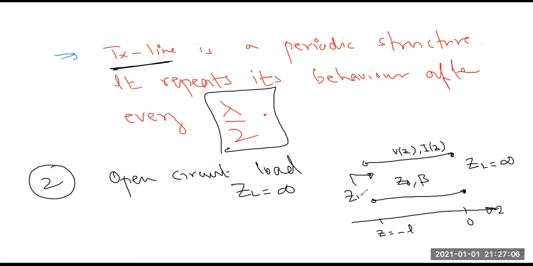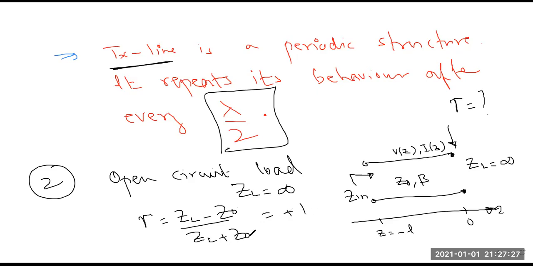So first of all, I will find out how much the reflection coefficient is going to be if you connect a transmission line with an open circuit load. Making use of this standard equation to find the reflection coefficient at the load point, you will find that this comes out to be equal to +1 for ZL equal to infinity.